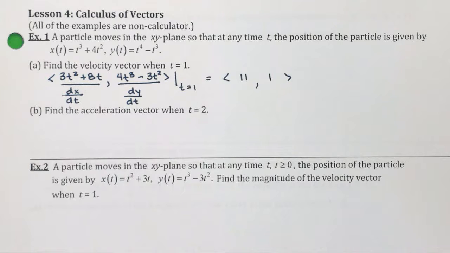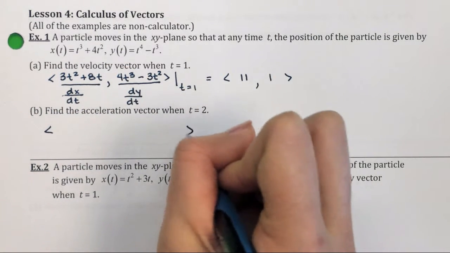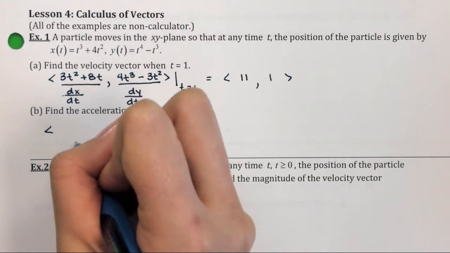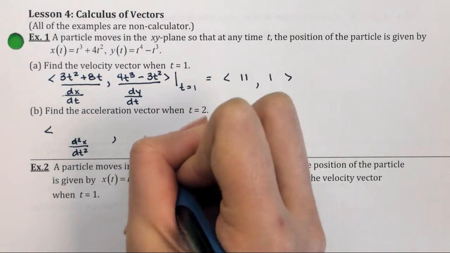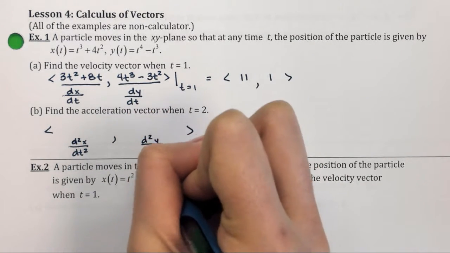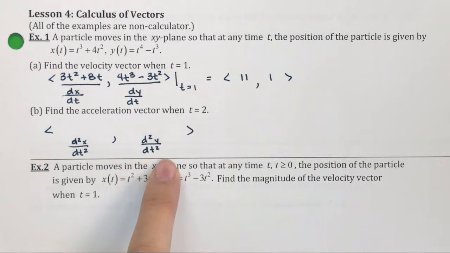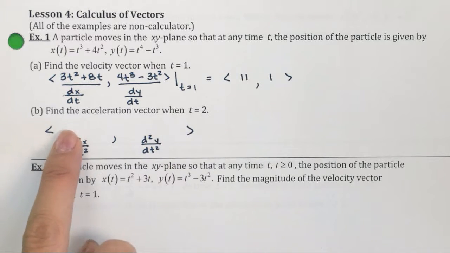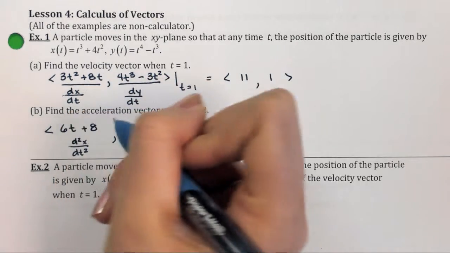Acceleration vector is also just as simple. You just take the derivative of both. So this is d squared x over dt squared, and this is d squared y over dt squared. And since we're taking the derivative with respect to t, you don't have to divide by dx/dt again, like you do when you're doing dy/dx. Okay, so this is just 6t plus 8, right?